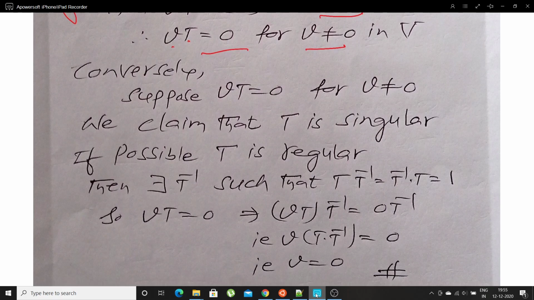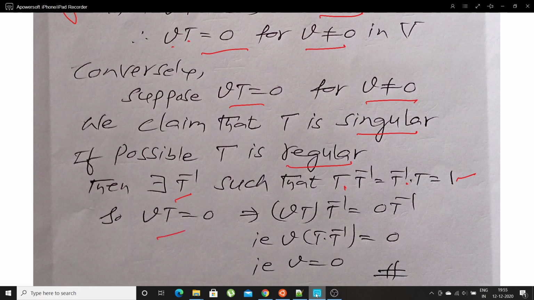Suppose the image of v under T, that is vT equal to 0 for v not equal to 0. What is our claim? We have to show that T is singular. Let me prove this result by the contradiction method. That means assuming that T is regular. Regular means invertible. By the standard result, there exists T inverse in A(V) such that T dot T inverse equal to T inverse dot T equal to 1.